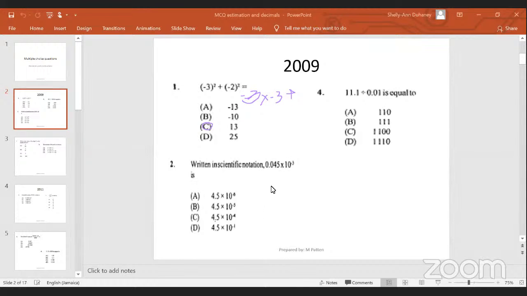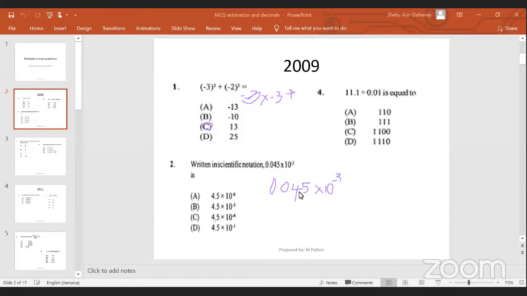So we have here 0.045 multiplied by 10 to the negative third power. All right, so the point is supposed to go where? Between the 4 and 5.